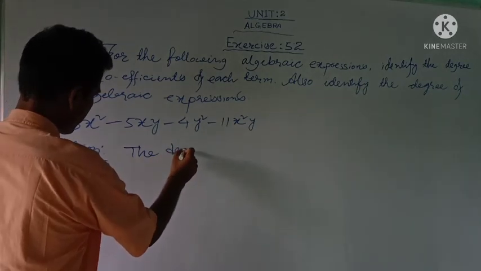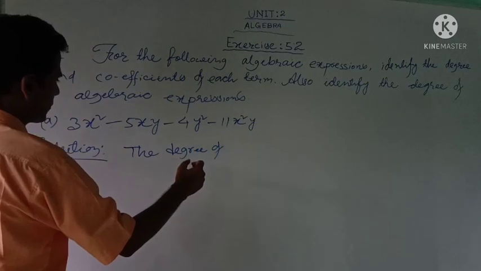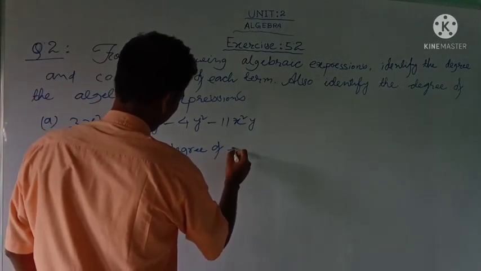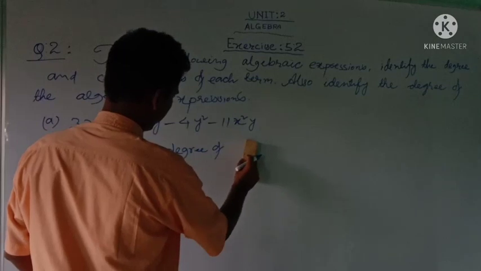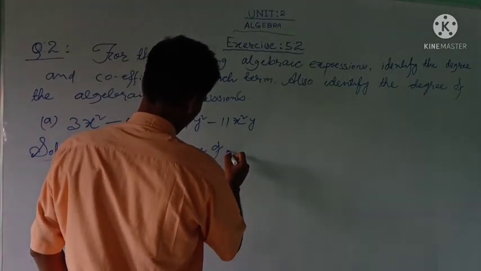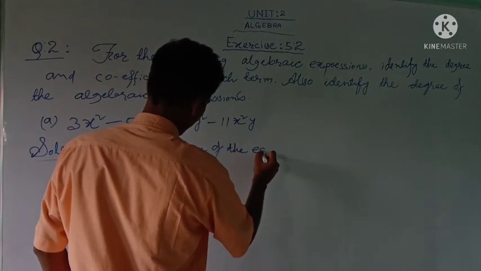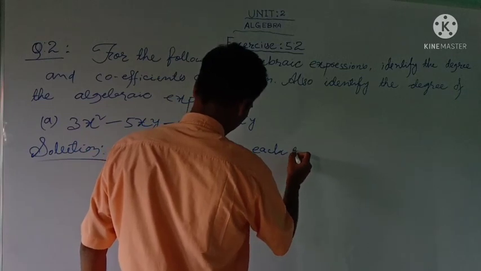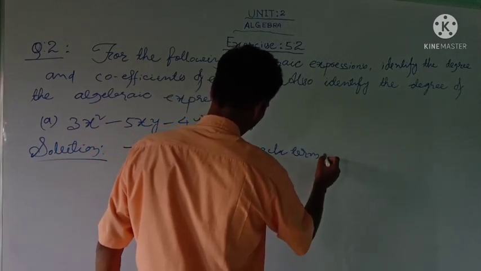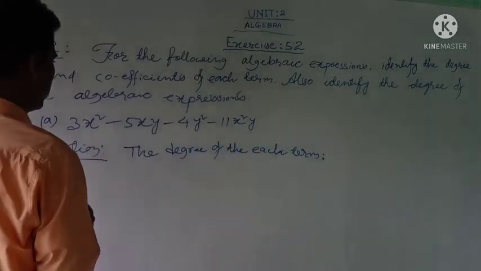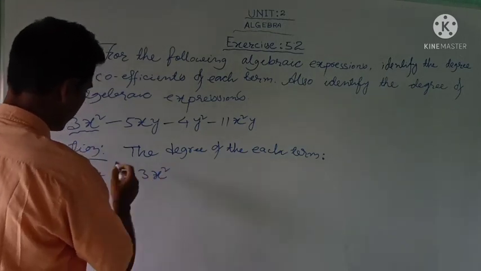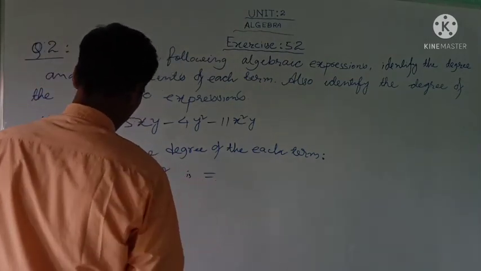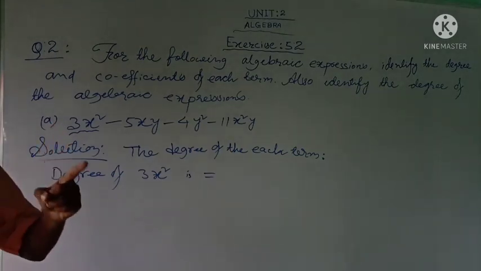Solution: the degree of each term. Okay, degree of thrice x square, okay, is also degree, you know, the power of the variables.